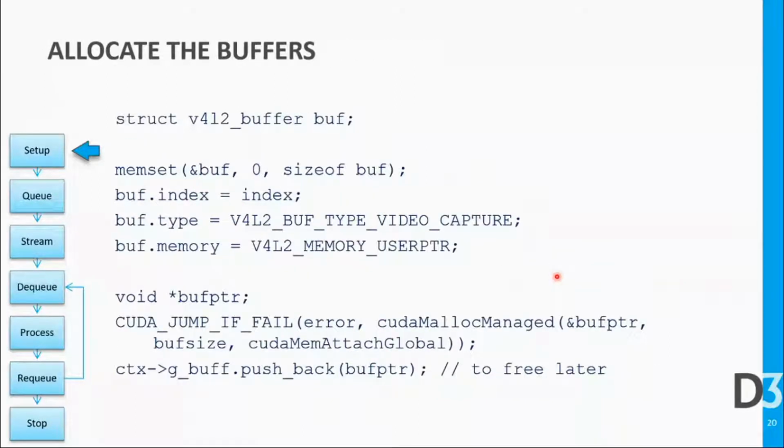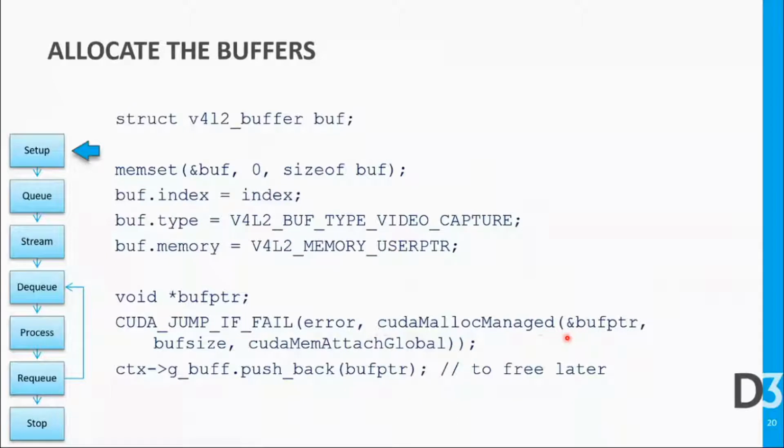So here we allocate the buffers, and this is why we're using user pointer. Recent versions of CUDA, including those supported on Jetson, have this nifty function called cudaMallocManaged. In the Jetson architecture, there is no separate memory for the GPU. The GPU and the CPU have access to exactly the same memory. What that means is that you can allocate an area of memory that will be accessible from both.